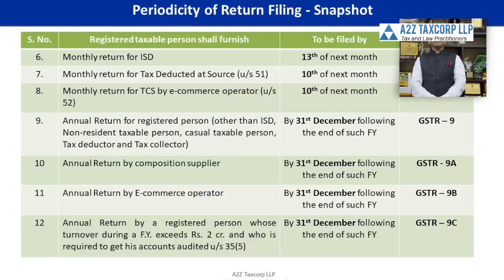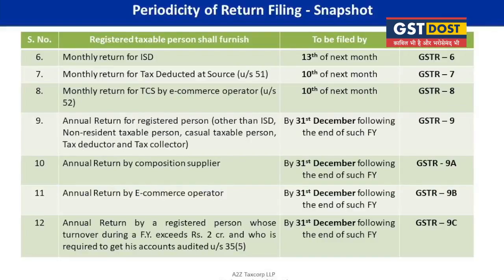Having said that, now we have to understand who all are supposed to file the initial 3 returns: GSTR 1, GSTR 2 and GSTR 3. GSTR 1 is outward supply, GSTR 2 is inward supply, GSTR 3 is the consolidated return.